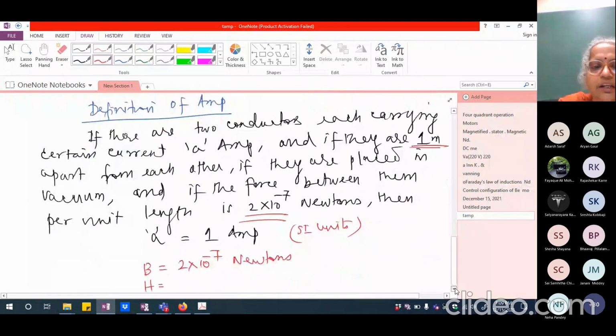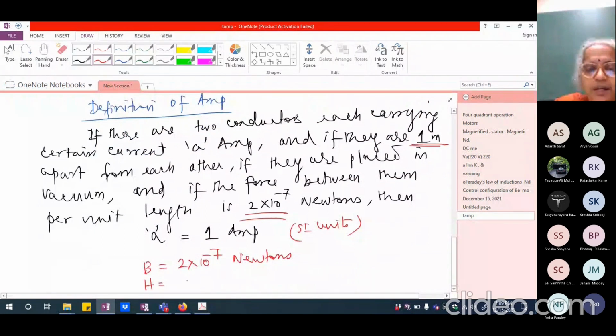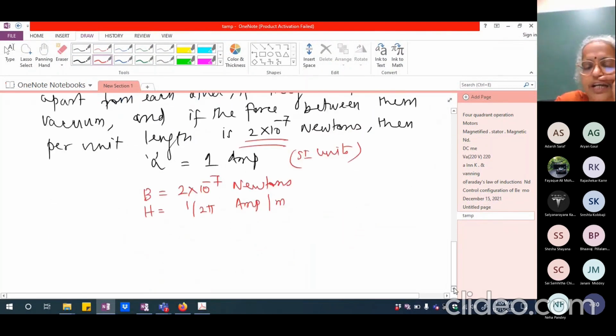So if I am giving the root cause, which is MMF per unit length, as H, the resultant flux density that I am going to establish is B, which is actually 2 multiplied by 10 power minus 7 Weber per meter square.